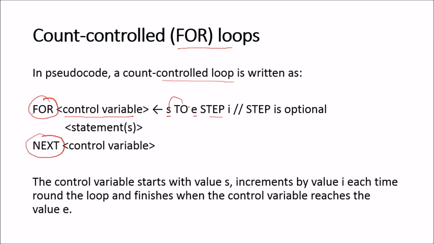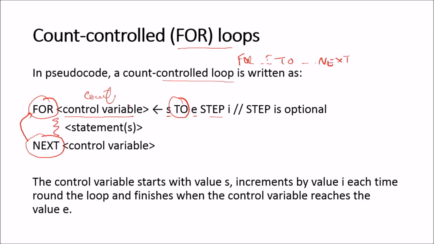For, to, next is the main pseudocode of it, just like if, then, else, and end case. Inside the for, you have to give a variable which is going to count how many times the statement inside this for next has been executed.